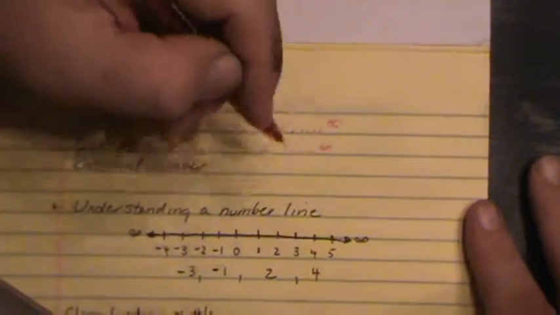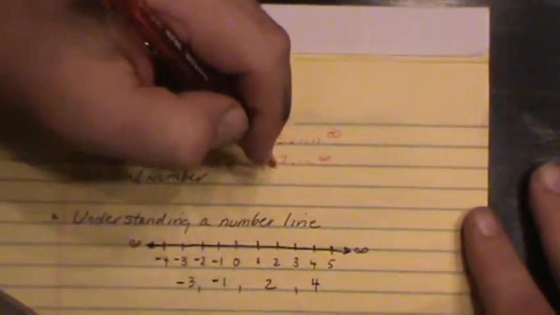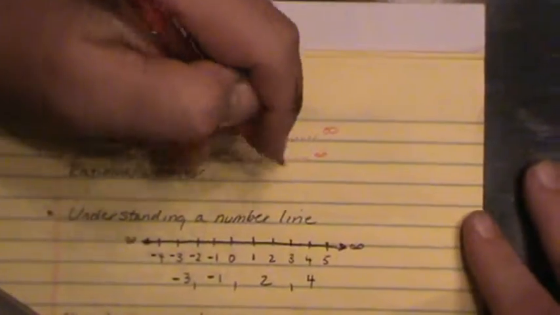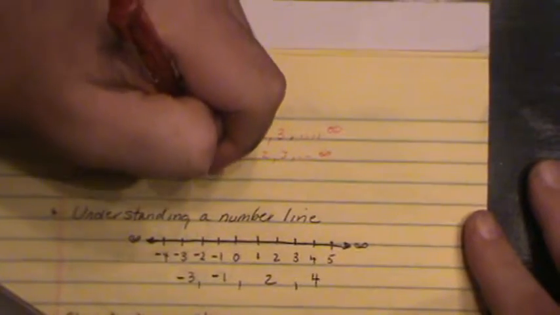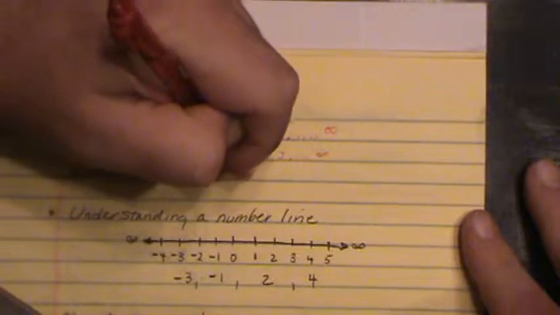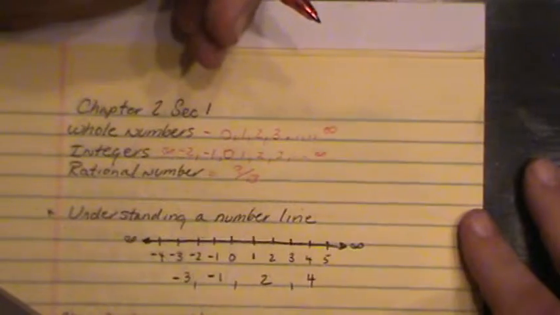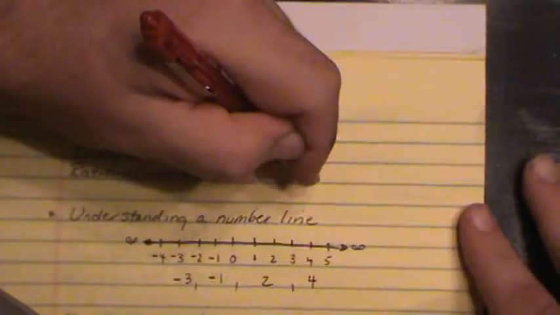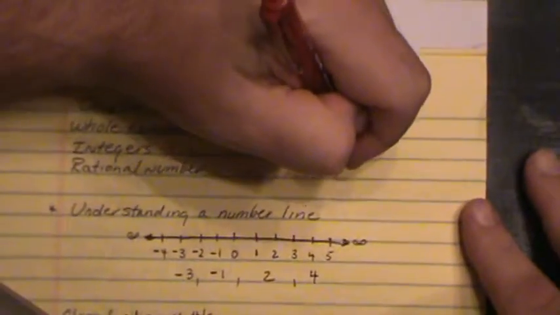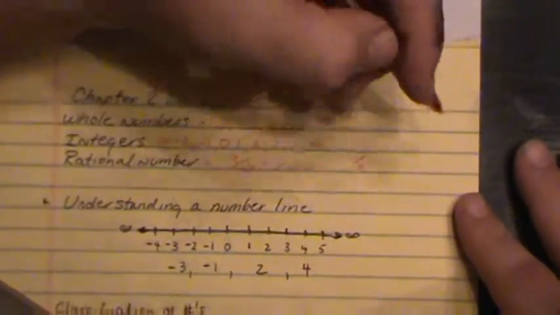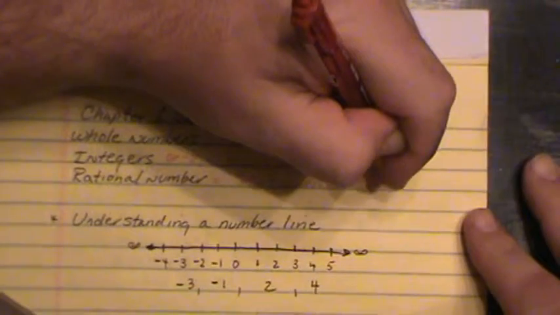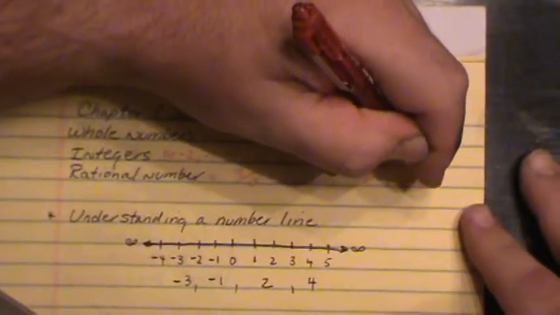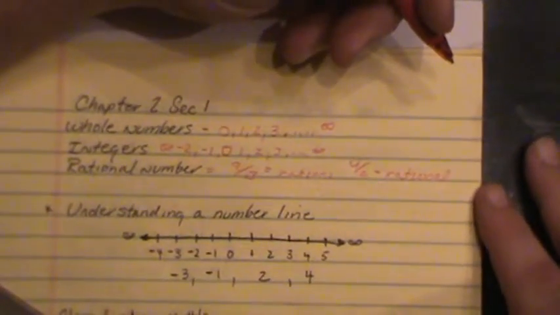A rational number is a number that can be written as a quotient of integers. So basically what they're saying is if I have A and B, and those are integers, that equals a rational number, okay? For example, if I say 4 over 2, that is a rational number because it comes out to be 2.